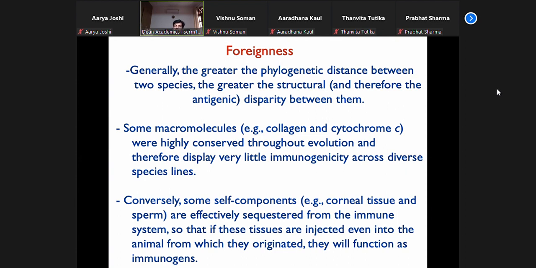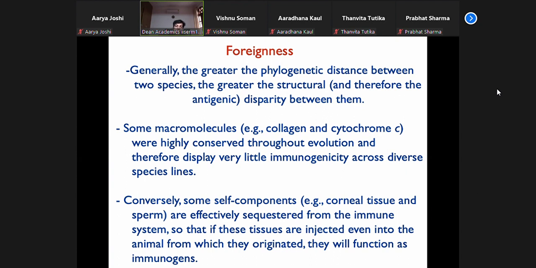And if you get it from insects and inject it in vertebrates, it will be more immunogenic still. The more phylogenetic distance between the source of the antigen and the host species, the more immunogenic the antigen is going to be. If they are closely related, it will be less immunogenic.